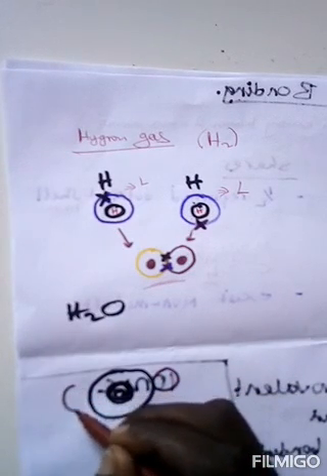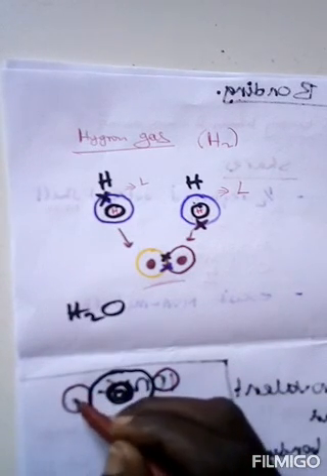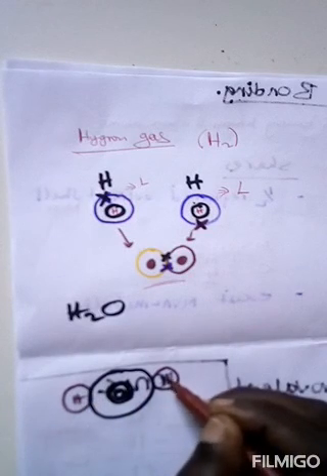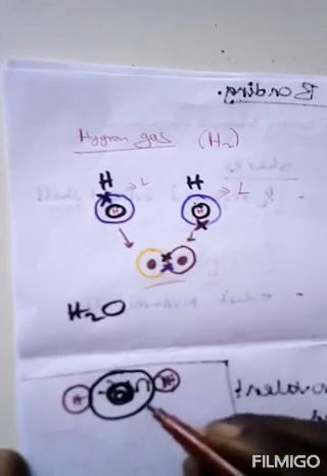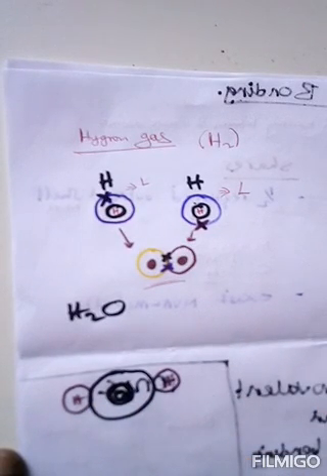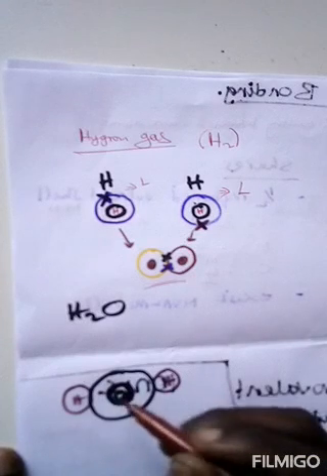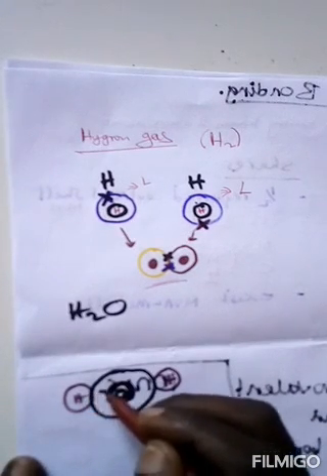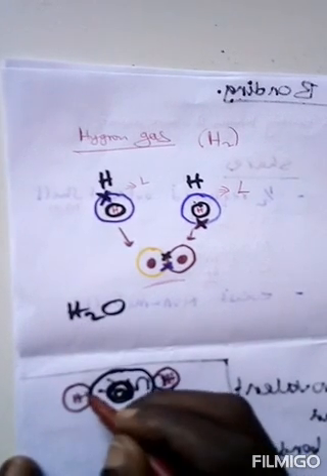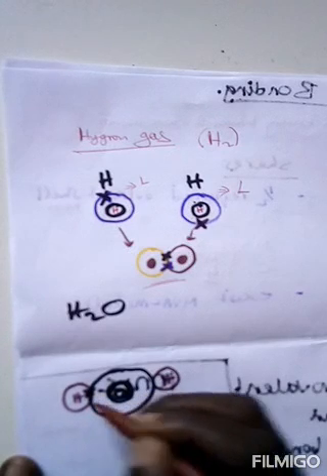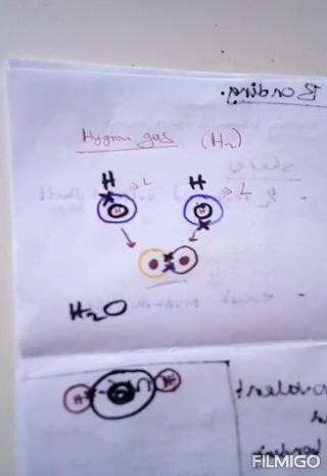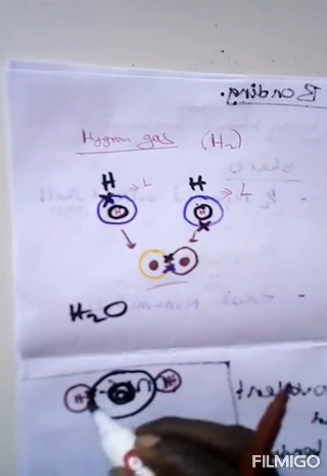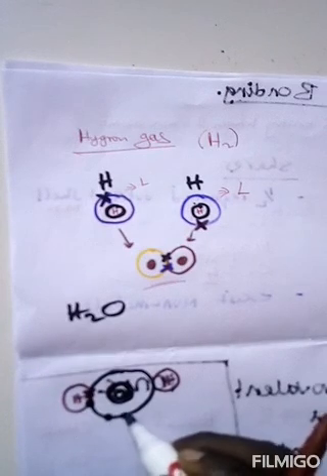Remember, a hydrogen atom just has one shell. Oxygen has many shells, but I'm only showing the outer shell. So the hydrogen atom will donate one electron, and then oxygen will also donate one electron. The electron for oxygen will be in the form of dots.